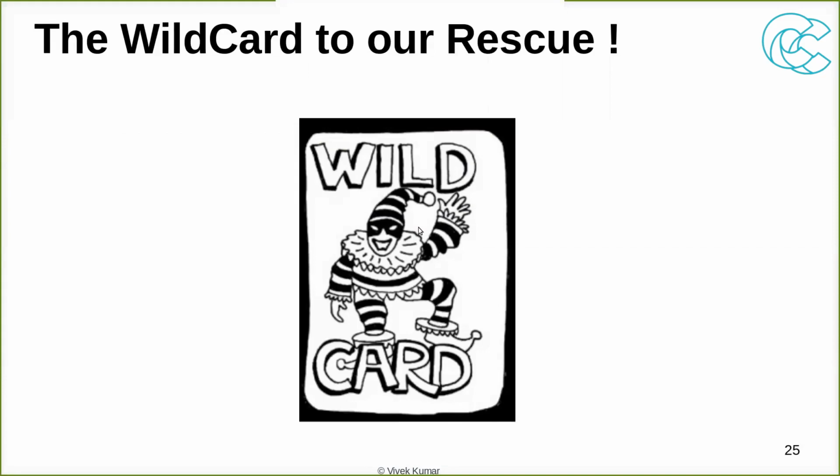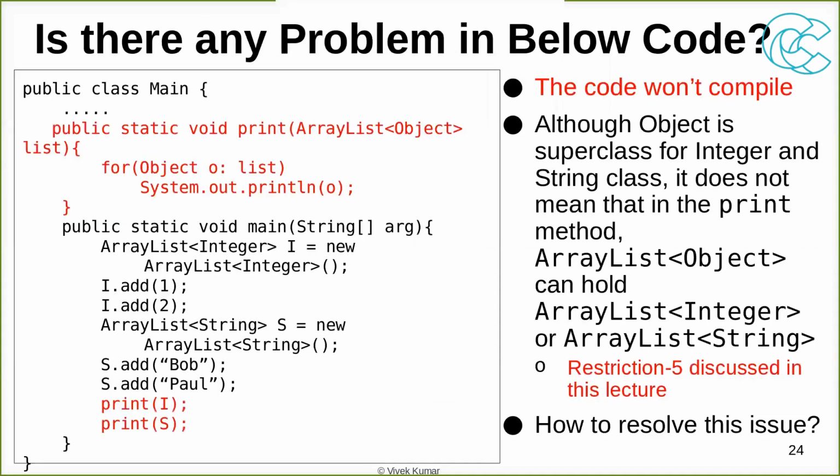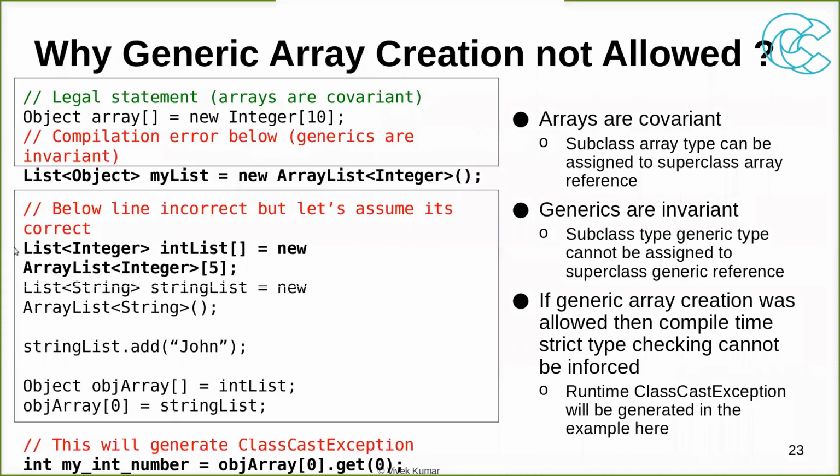Okay, now you can ask the question. Okay, sir. So could you please repeat why it won't compile? Because of the restriction that we just talked about here. On the left hand side you have the generic super type, which is object, but on the right hand side you have the subtype of it.